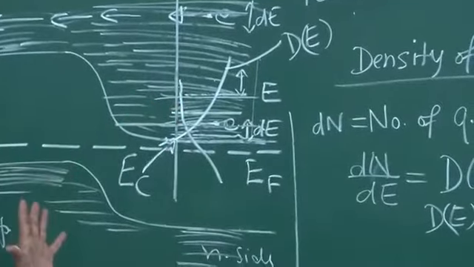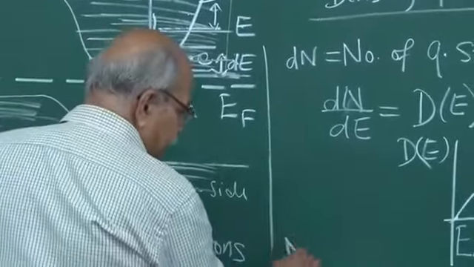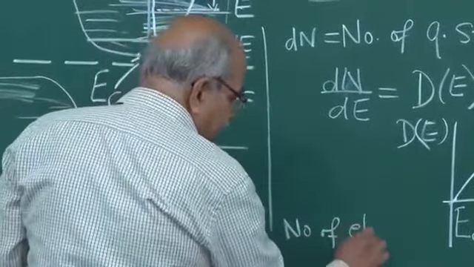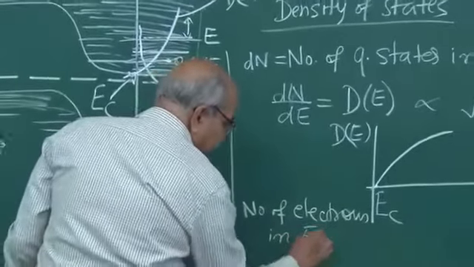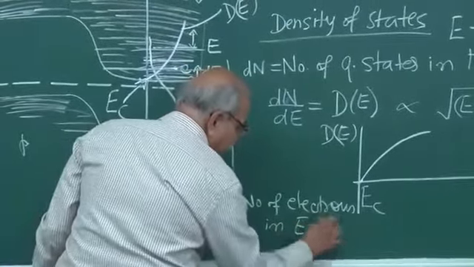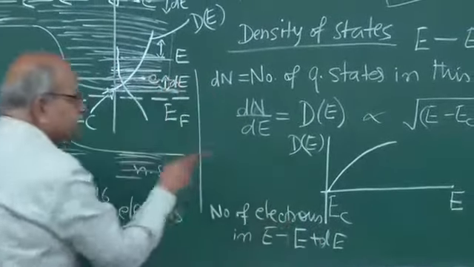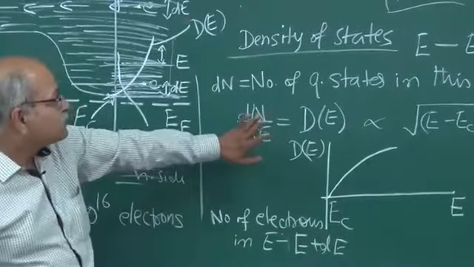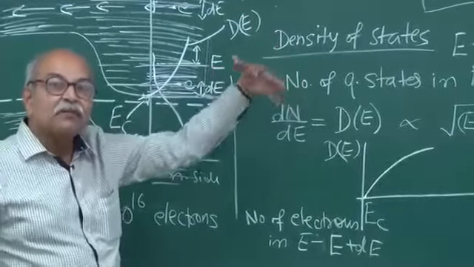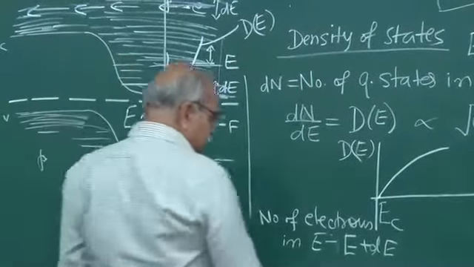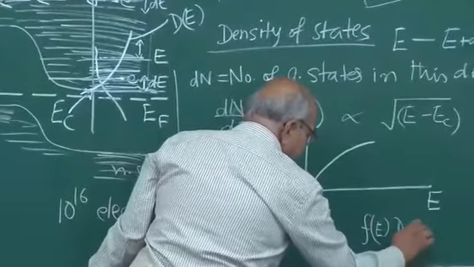So if you want the number of electrons in E to E plus dE, you have to take care of both things, this density of states as well as the probability of those quantum states to be occupied. So you have to multiply these, and therefore this will be F of E multiplied by D of E and then dE.